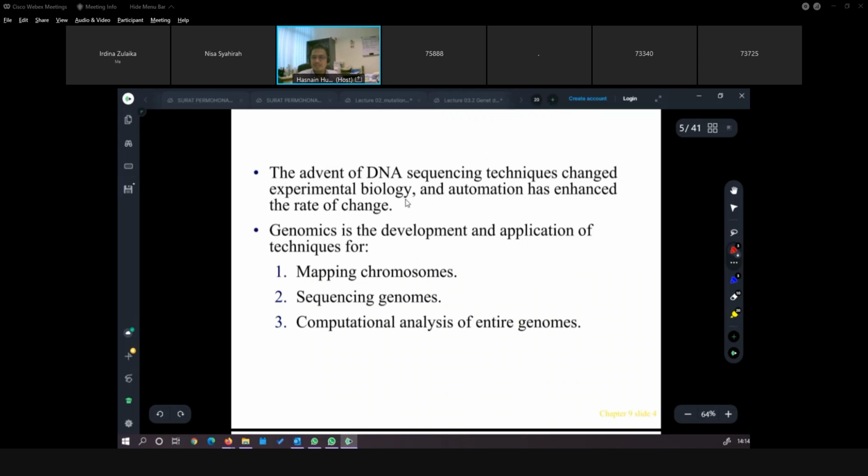Okay, DNA sequencing techniques. The advancement of DNA sequencing techniques changed experimental biology, and automation has enhanced the rate of change.